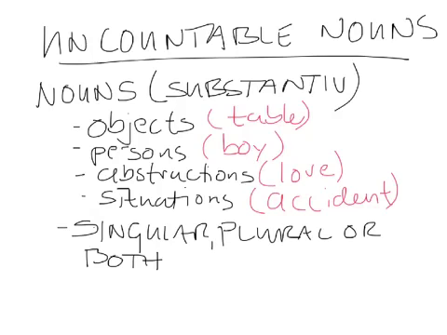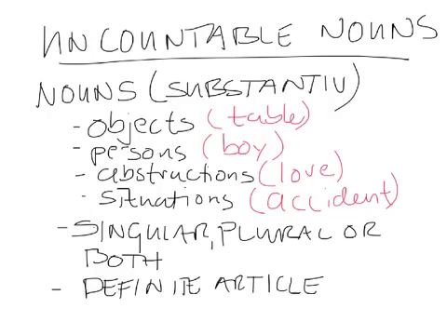But the difference between a noun and a verb is that we are able in our mind to count them, and more importantly, we are always able to place the definite article the, and sometimes also the indefinite articles a or an.